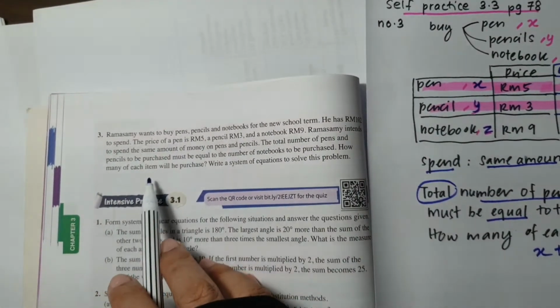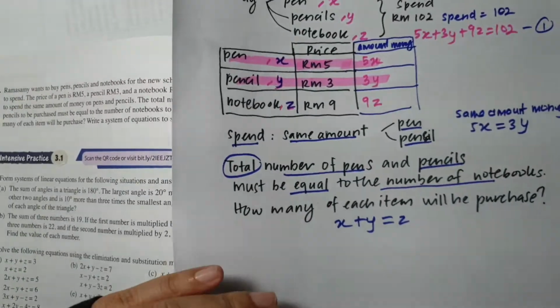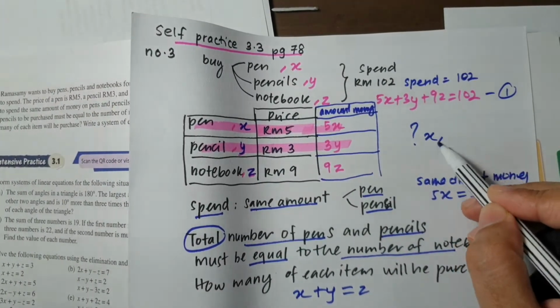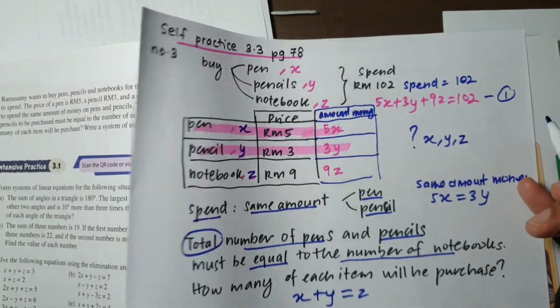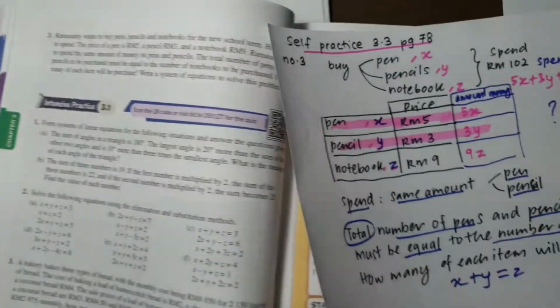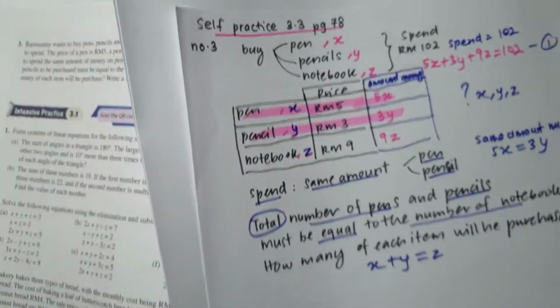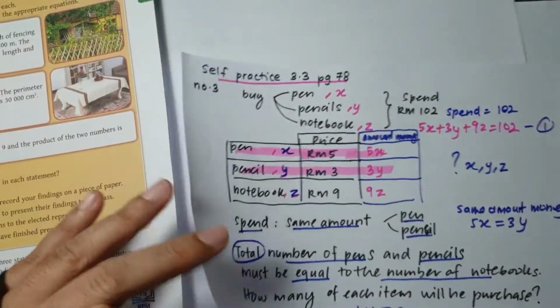Next. How many of each item will he purchase? How many of each item means you must find what is x, what is y, and what is z. Write a system of equations to solve this problem. So we have 3 equations.